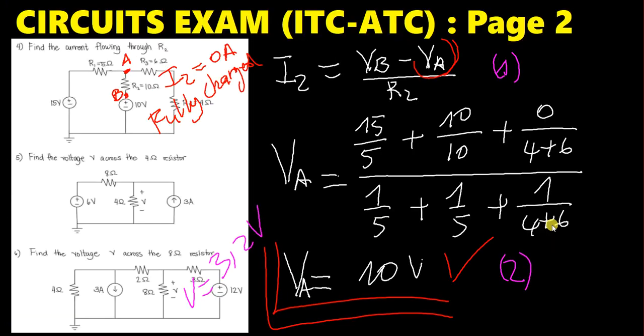It's normal to record all the values in the main page, and V here is equal to 10 volts. It means that we have succeeded in this operation. Okay, we have solved this one.